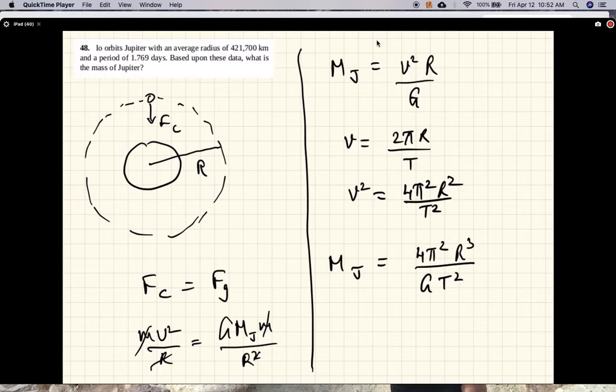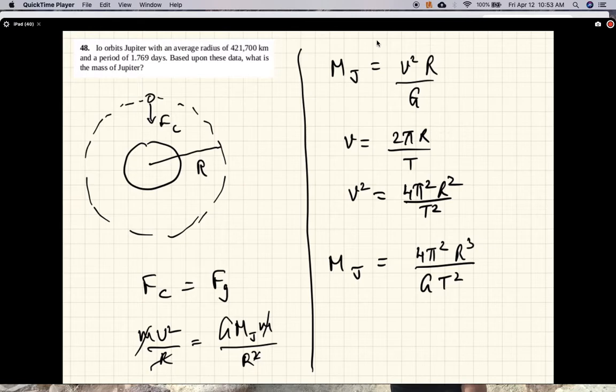So essentially, we've derived Kepler's third law. Kepler's third law has something to say about T squared by r cubed for satellites, and that ratio is constant for planets and satellites. It's related to the central mass. Anyway, let's put in the numbers now.